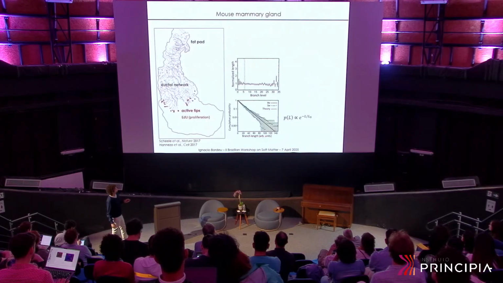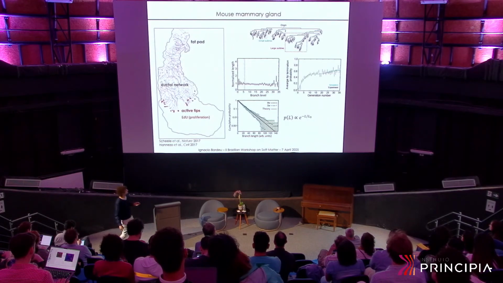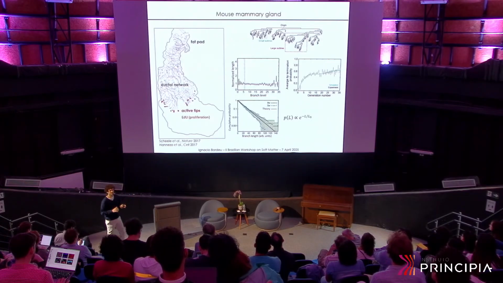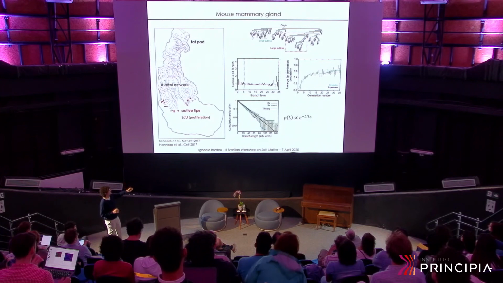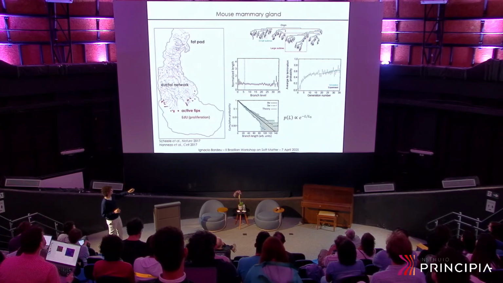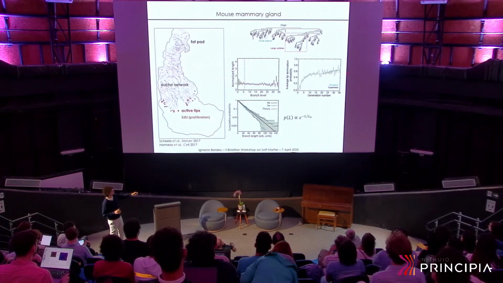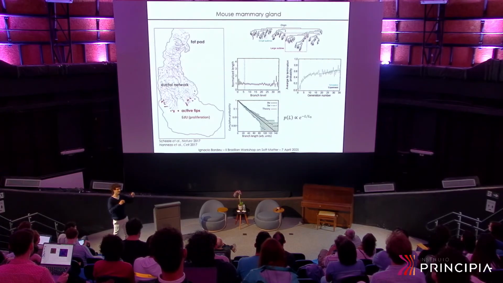I'm not going to go into many of the details because it's not the aim of this talk, but I want to just convince you that this model does work. With no fitting parameters, you can reproduce the distribution of branch lengths that is stationary. You can reproduce some parts of the topology of the tree, so how many tips terminate at a given level.